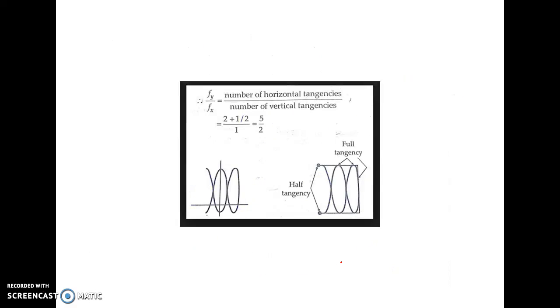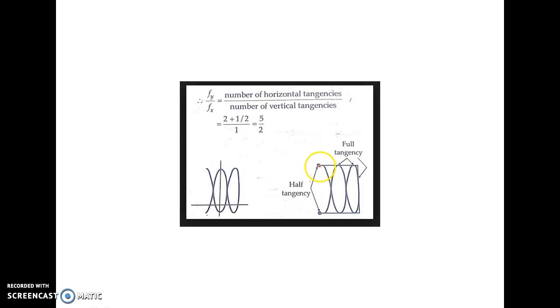Now, in case you have open figures like this, then you draw a horizontal tangent, you draw a vertical tangent, okay? And you consider the figure when it touches the horizontal tangent completely as one full, that is the full tangency, and if it's open like this, then you consider it as a half tangency.